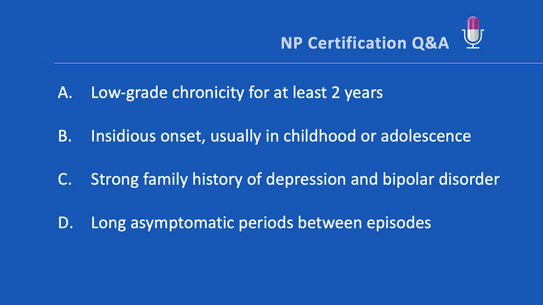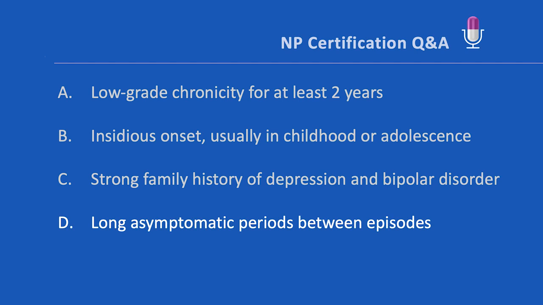What's the thing that we don't see in persistent depressive disorder? Low-grade chronicity for at least 2 years, insidious onset, usually in childhood or adolescence, strong family history of depression and bipolar disorder, or long asymptomatic periods between episodes. The exception, the correct answer here is D.